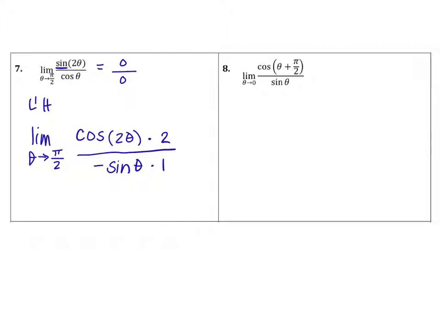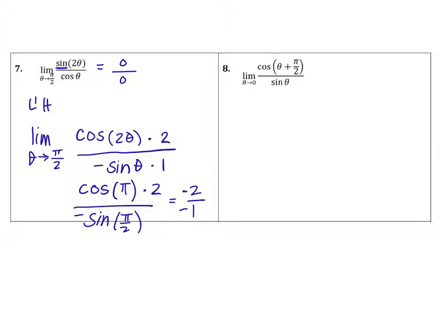And when we do our substitution here, we are going to get cosine of pi, because the 2's will cancel, times 2 over negative sine of pi over 2 times 1. So that's going to give me 2 over negative 1. So it looks like, oh no, that's going to be negative 2 over negative 1, which is positive 2.